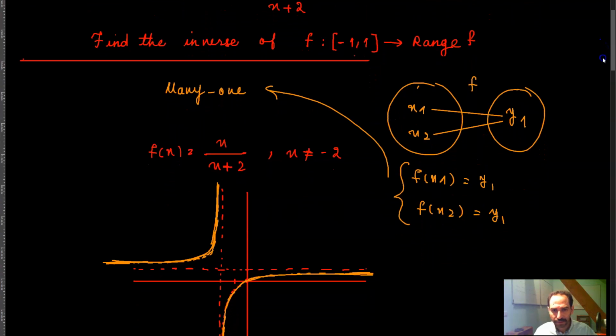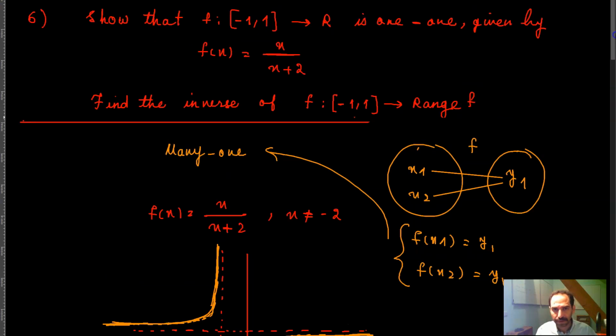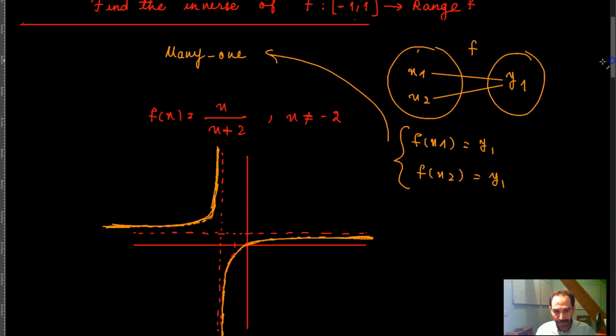Now, of course, it's simple to show that this function is 1, 1. You see that the domain of this function has been limited to -1 to 1. Meaning that you go from -1 to 1, and that is basically the domain of your function.